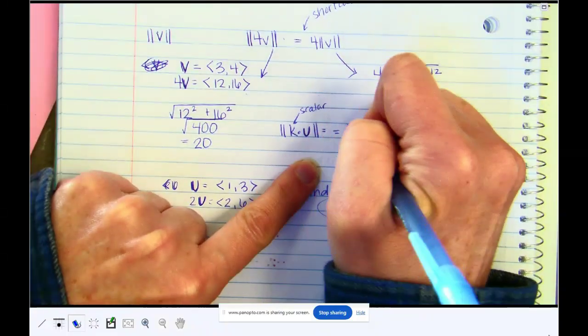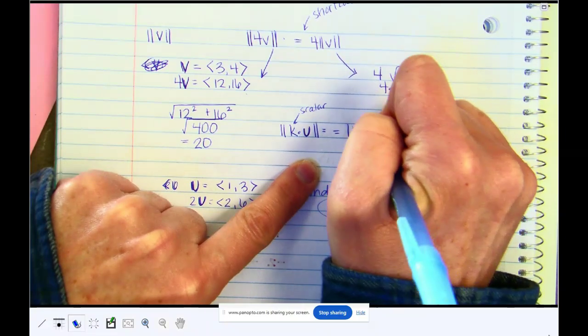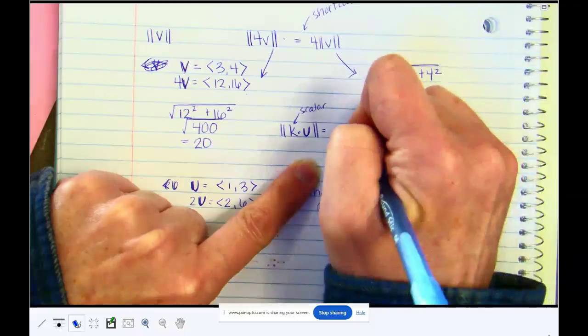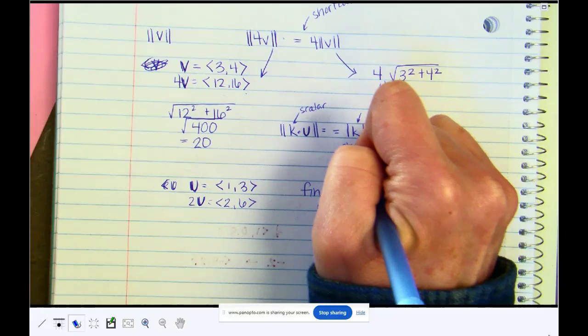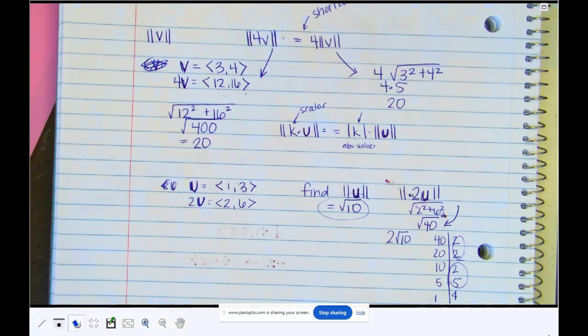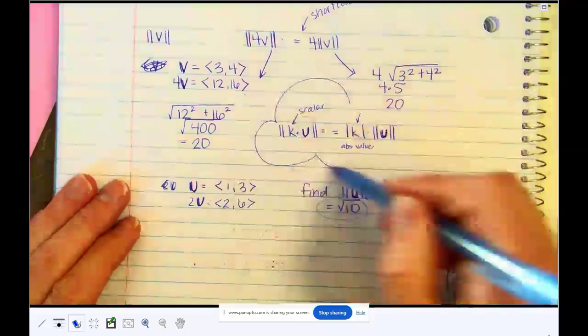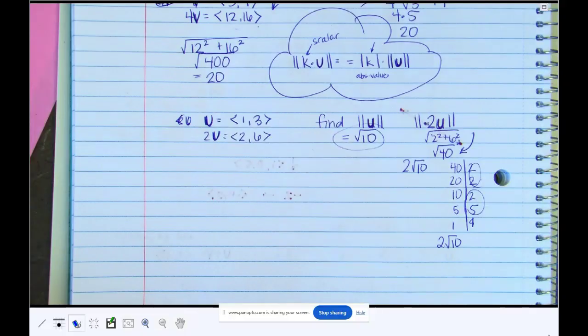If you want to do it with the shortcut, k has to have the absolute value. If it was a negative scalar, it's going to be an absolute value in there, because magnitude will always be positive. So this is your shortcut. All the other properties of vectors are pretty self-explanatory.